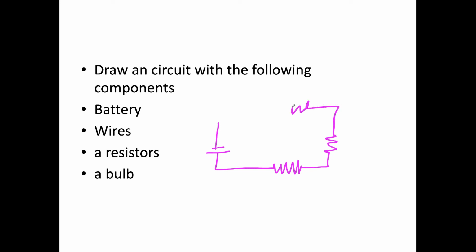And we're going to draw a light bulb. That's how you do it. So this is 1.5 volts. This is 10 ohms. This is 10 ohms. And this is going to be a 1 ohm light bulb. And we have our circuit.